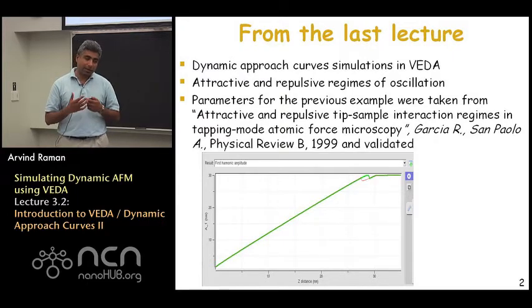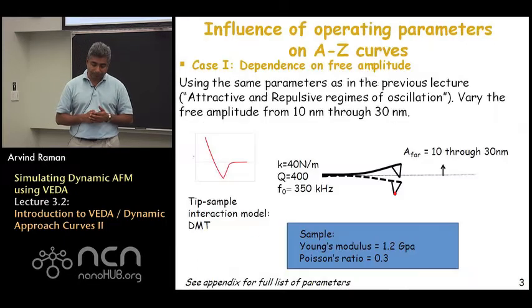And we had compared with prior literature that showed that the simulation is quite well able to predict the existence of these two oscillation states and the point at which they jump from one to the other in comparison to the experimental results.